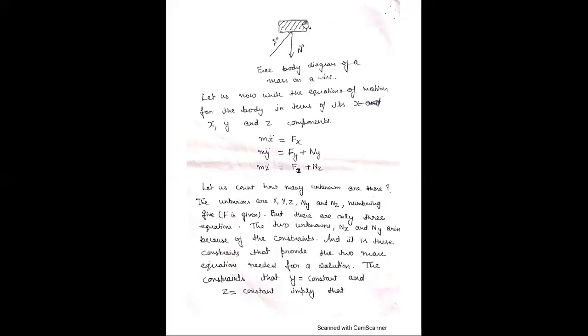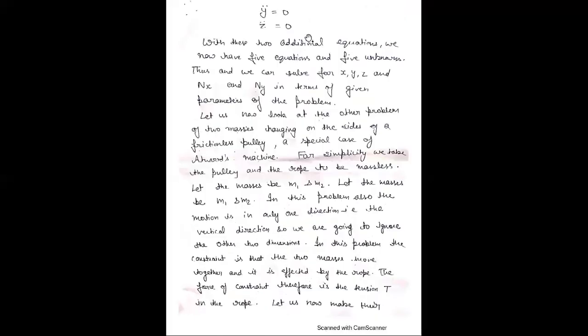In this case, there is no motion along the y-axis. Therefore, y is constant, and z is constant. Therefore, the equations of motion along the y and z axes are y double dot equals 0 and z double dot equals 0. With these two additional equations, you now have 5 equations and 5 unknowns. Therefore, these equations are used to solve for all the unknown variables.